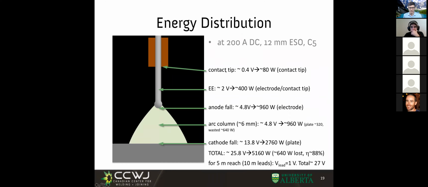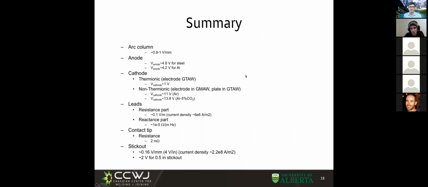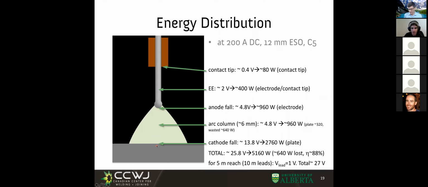In this case, we have a voltage loss at the contact tip, right? We said in the contact 2 milliohms resistance. 2 milliohms times 200 amps is half a volt.